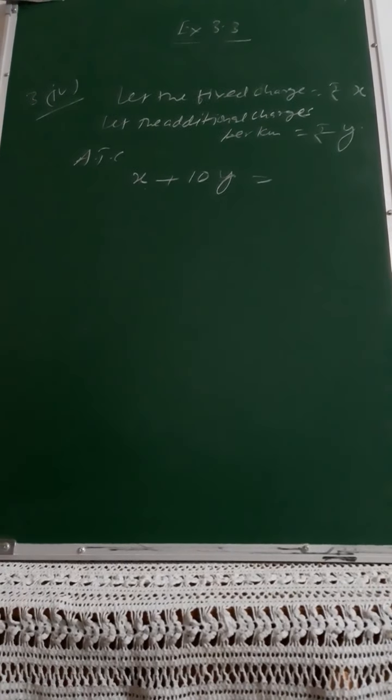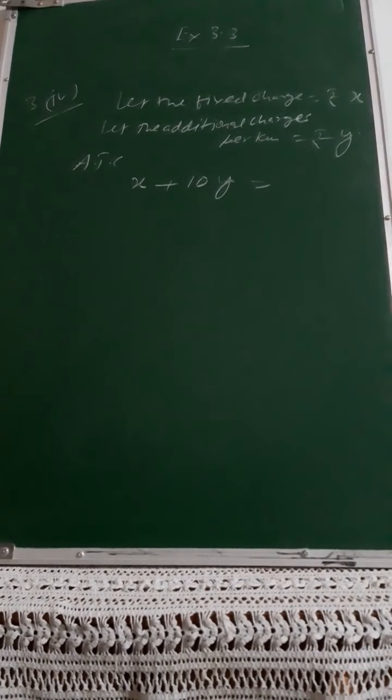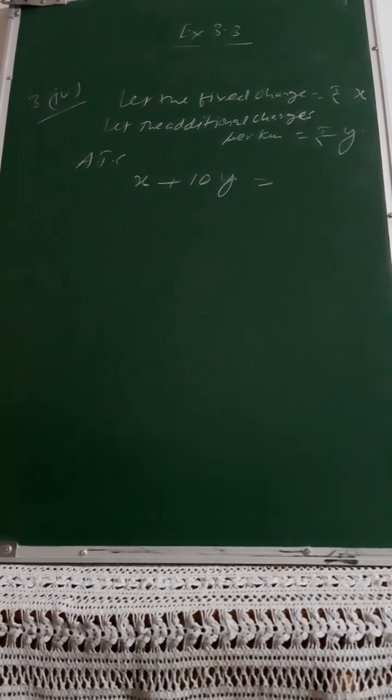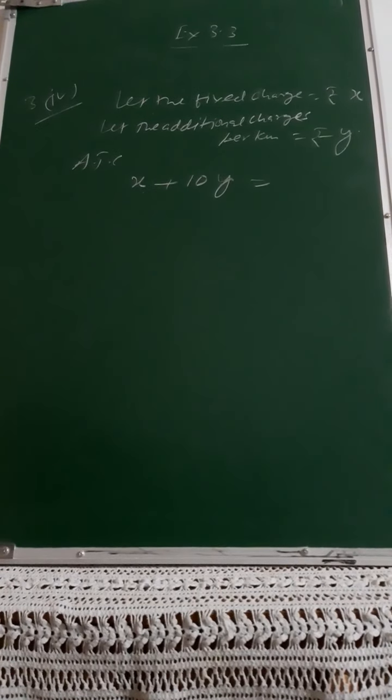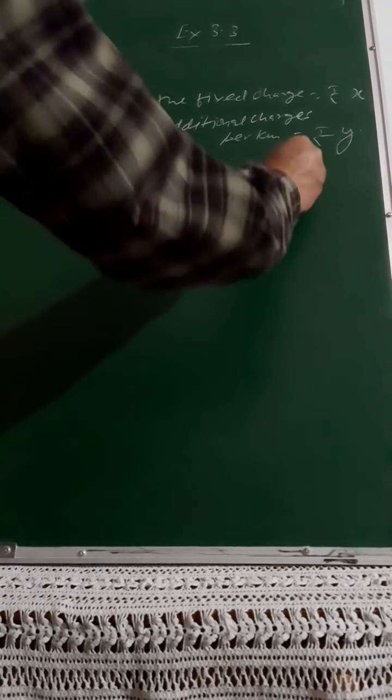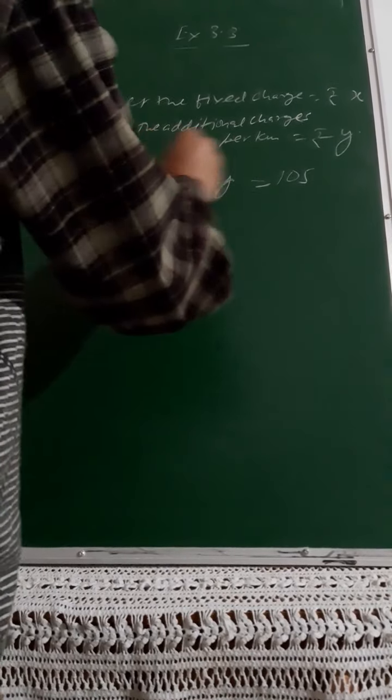So X rupees fixed charges plus 10Y rupees additional charges, and in that way the total amount paid was 105. So this is your equation number 1.